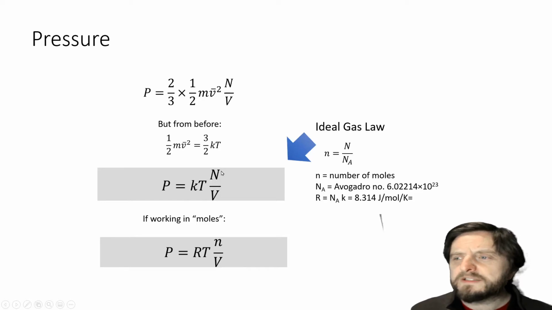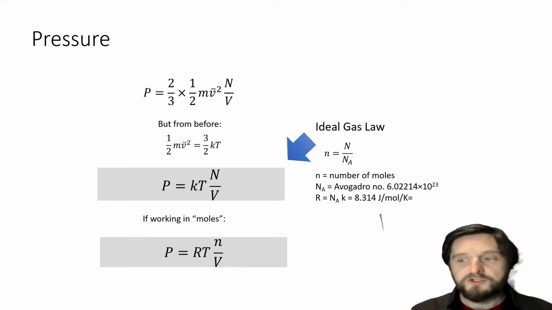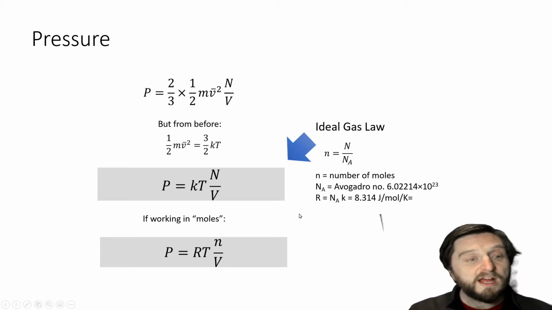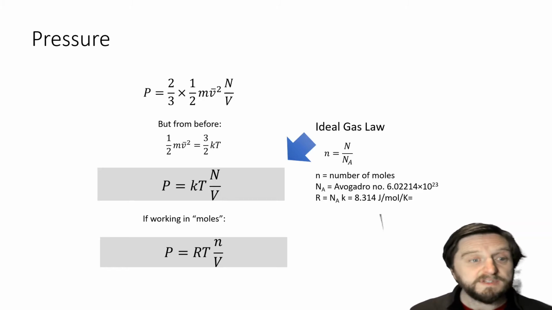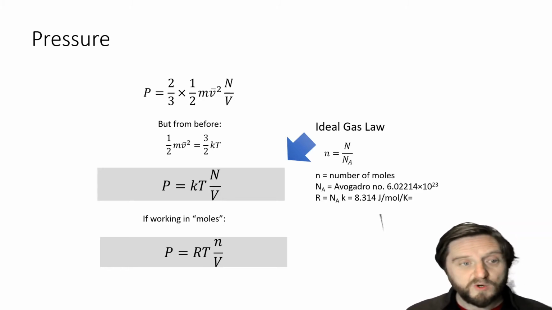So, as I say, you've probably seen this before if you've done any chemistry, really. You may even have seen it in high school. But what I wanted to do today was show you how that actually relates to what we've been working with before in terms of momentum. This is a momentum transfer that gives rise to this equation.